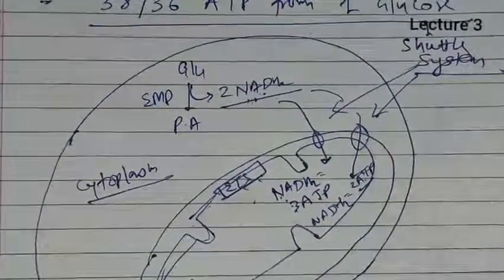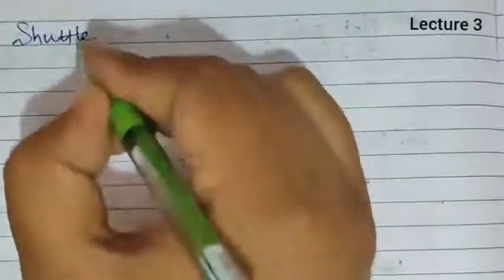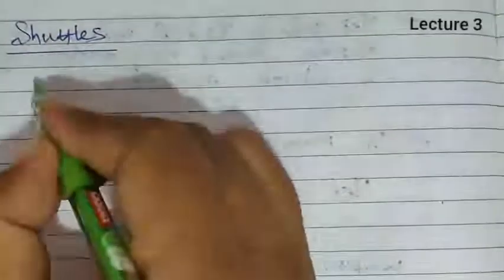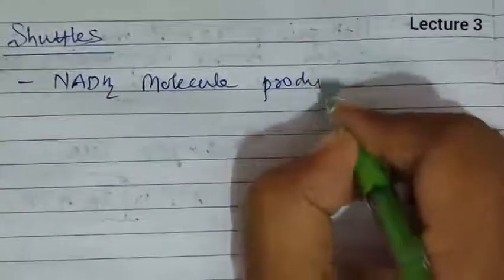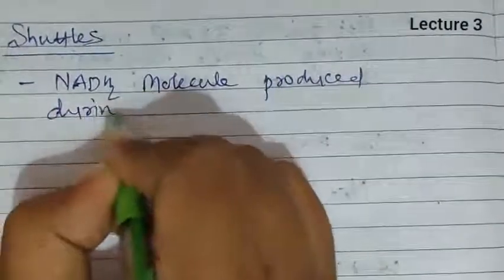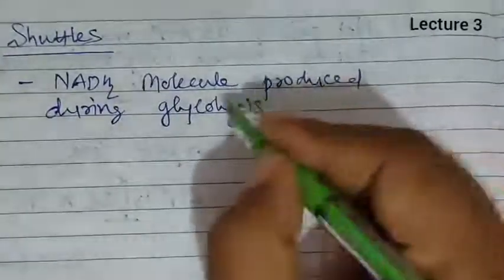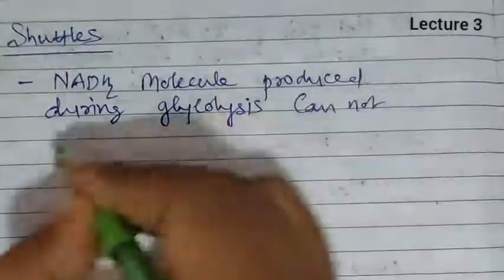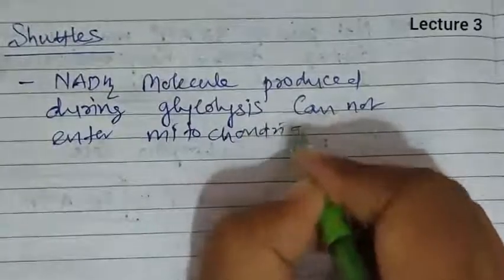So we talk about the next topic, that is the two types of shuttle systems. Next we start with the shuttles or shuttle system. Okay. So what does this shuttle system say? Shuttle system says that the NADH2 molecule produced during glycolysis cannot enter the mitochondria directly.